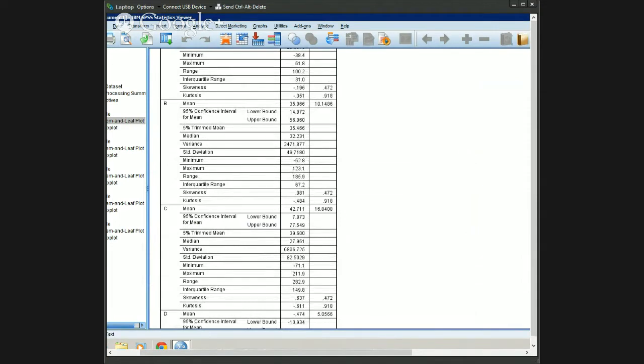Standard deviation is 49.7180. Okay. So mean.